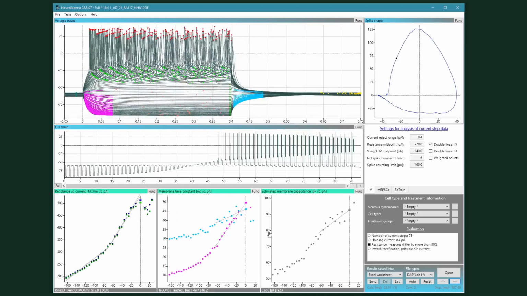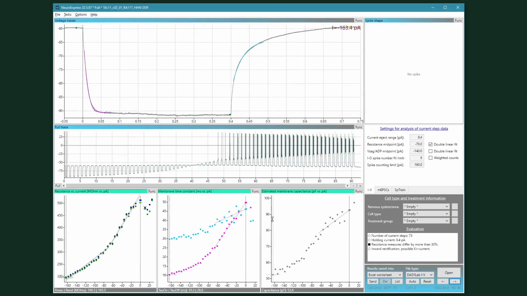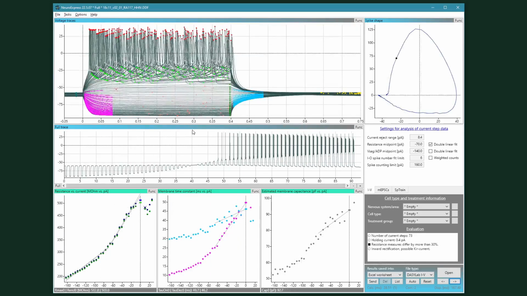Unfortunately, I say, because membrane capacitance should not be a function of the current, but we have to admit that there are a multitude of ionic currents at play here. For example, in this case, the neuron exhibits a very strong inward rectification, and there are inward rectifying potassium channels driving the response of the neuron.